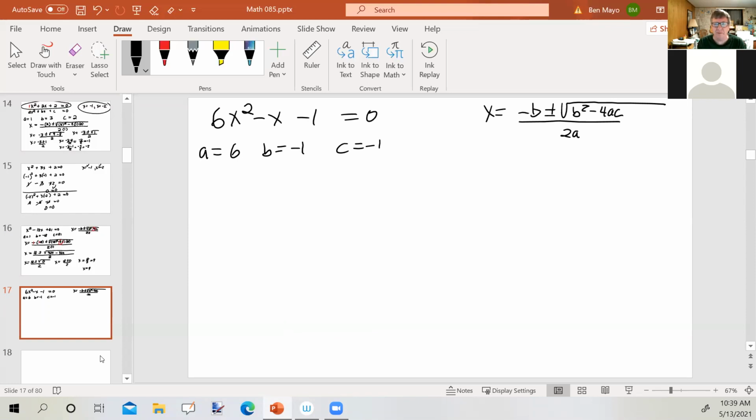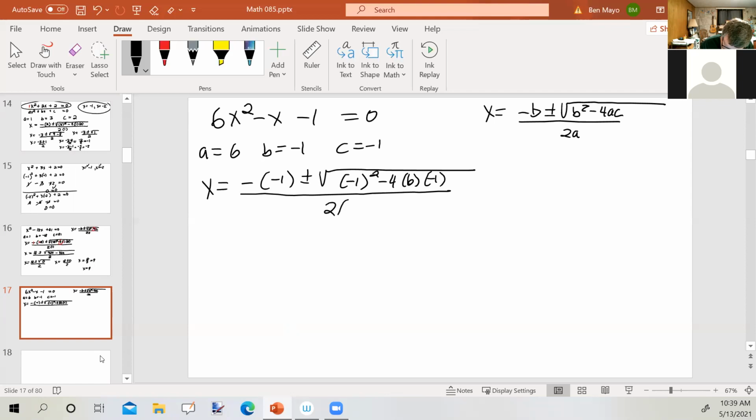By the way, you want to get this memorized, this quadratic formula. It's important. So we get x equals -b plus or minus the square root of b squared minus 4ac all over 2a. And let me do a little bit of cleanup here. This is 2. All right.